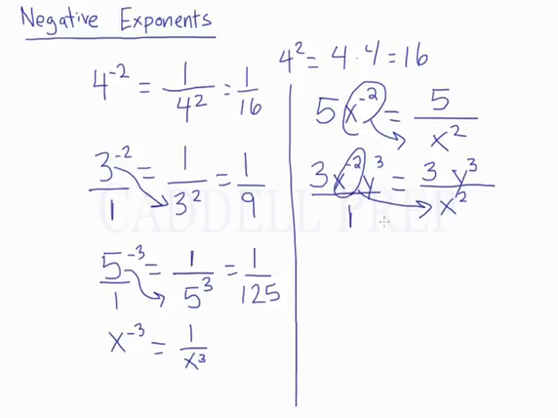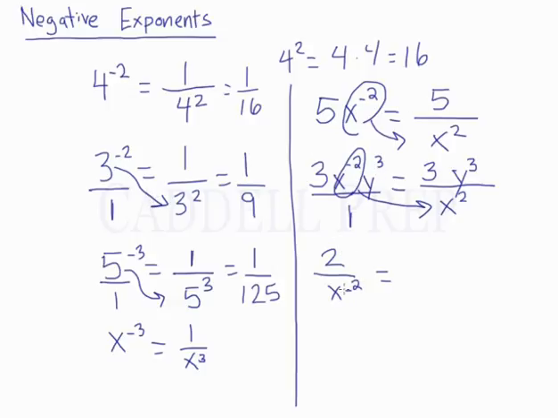Okay, one more example. What if we had 2 over x to the negative 2? Okay, in all these cases over here, we had either a number or a variable raised to a negative exponent, but they were all already in the numerator.